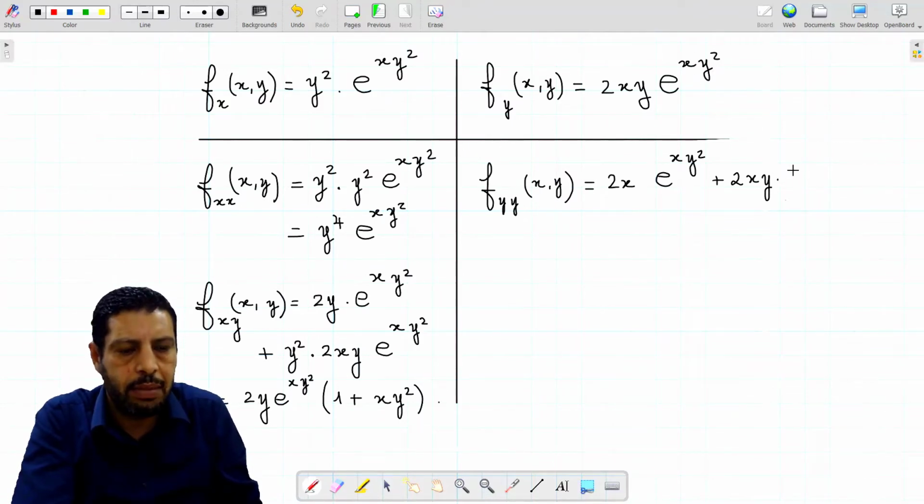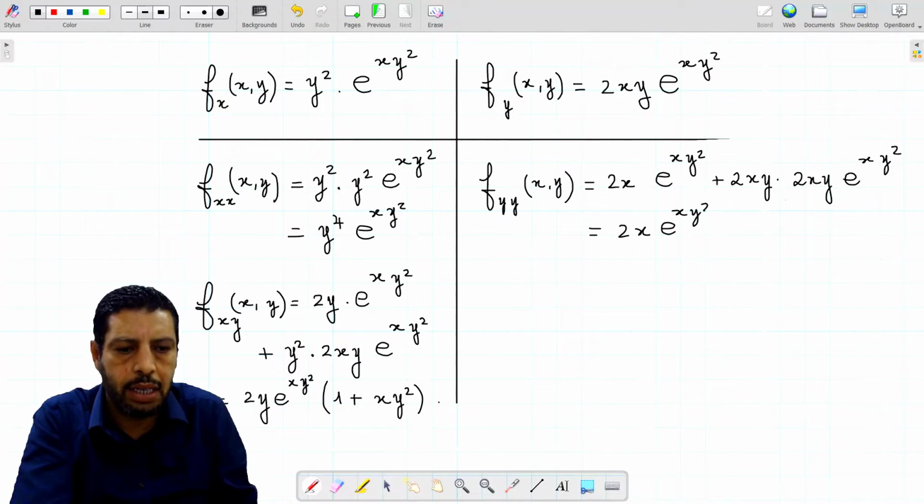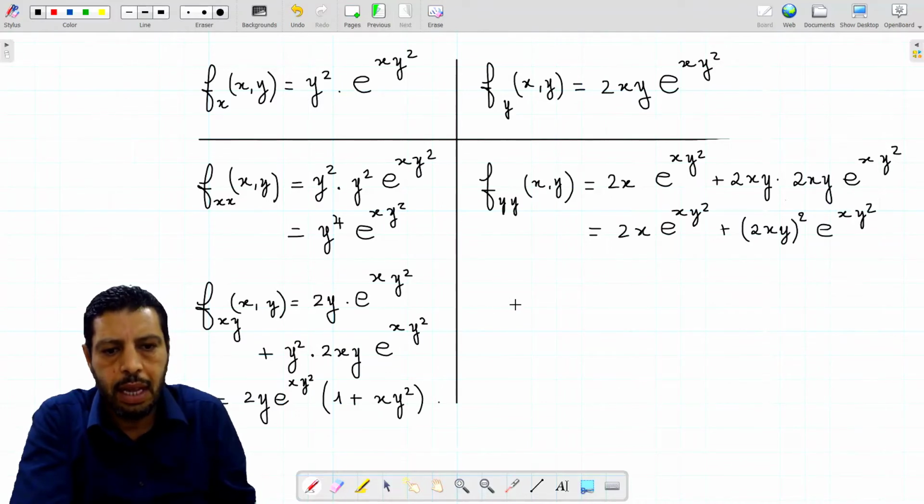So again, times 2xy exponential xy squared. Of course, we can write it as 2x exponential xy squared plus 2xy squared exponential xy squared.